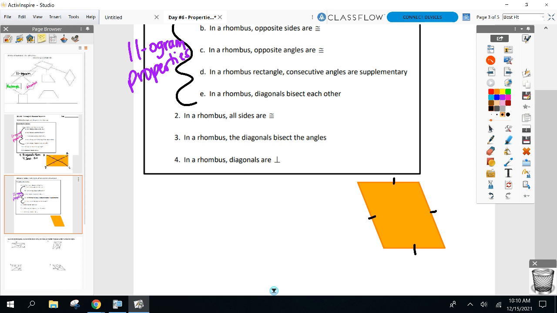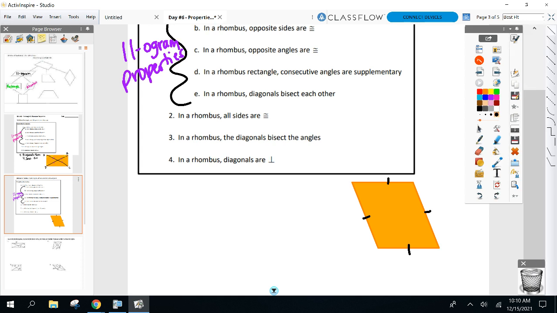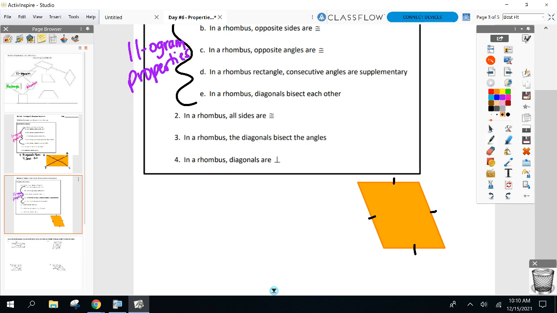The diagonals of a rhombus. Go ahead, read property number 3 there. Diagonals of a rhombus bisect the angles they're drawn to. So everyone see this angle right here? Bisect it. This angle right here? Bisect it.